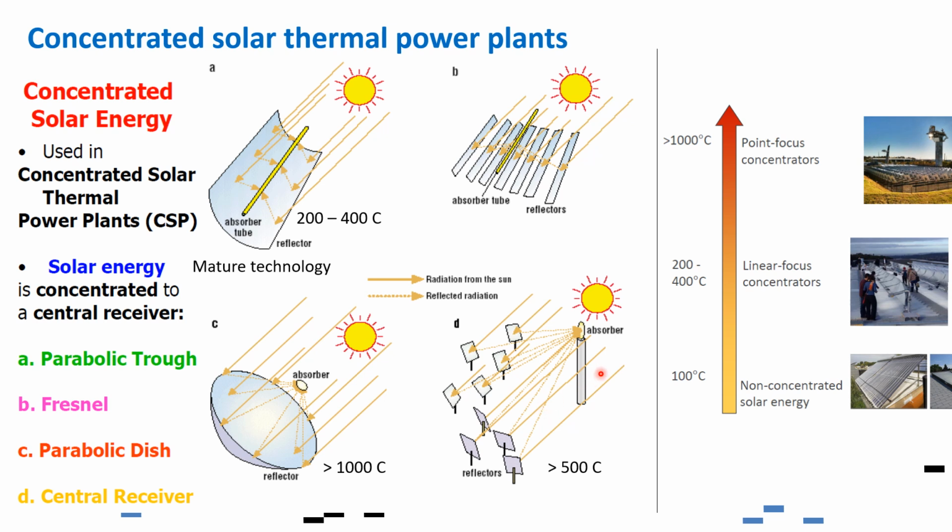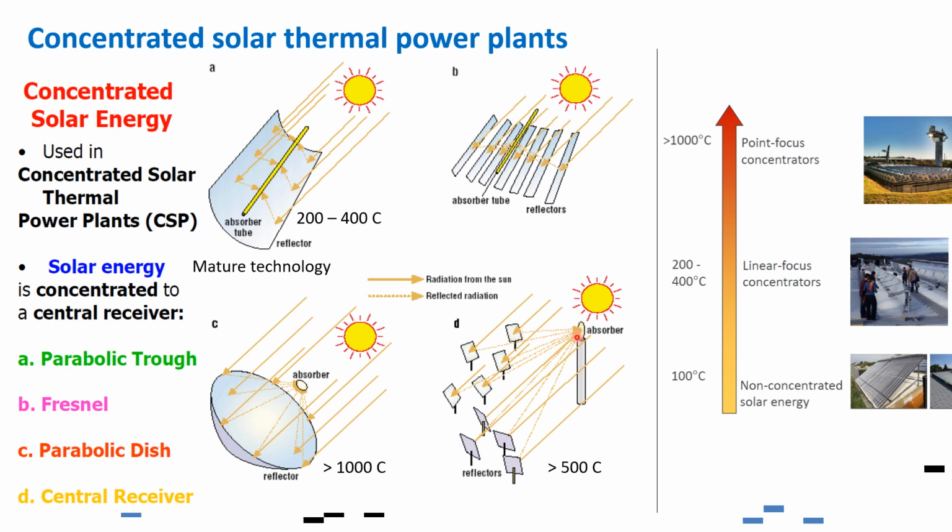The last one is what we call a solar tower, or the central receiver. The system has a large area of mirrors, which we call heliostats, and the sun will shine on them, and all of the reflected light from the mirrors is designed to go towards a central receiver.